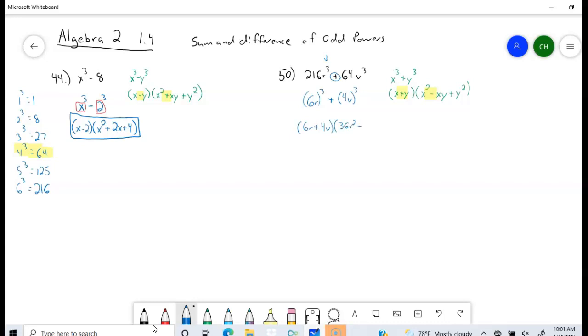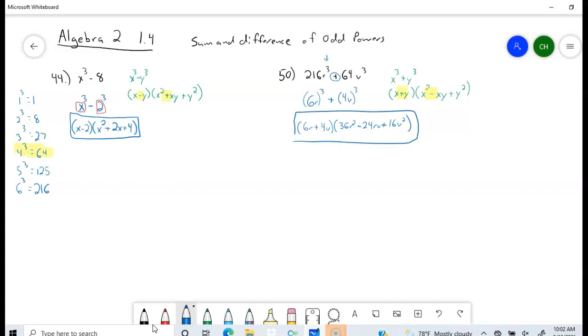My sign here is going to become a minus, and I'm going to have the base of the first one times the base of the second one. So 6r times 4v. 6 times 4 is 24. R times v is just rv. My last sign is a plus, and I'm going to have the base of the second one squared. (4v) to the second power is going to be 4 times 4, which is 16v squared.